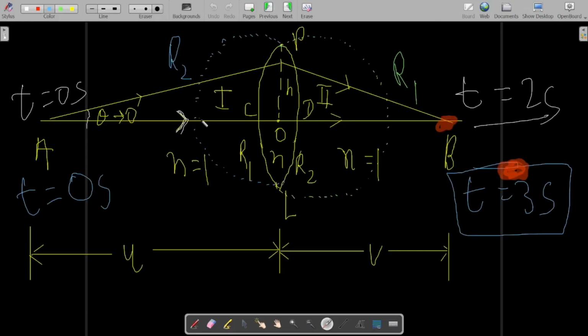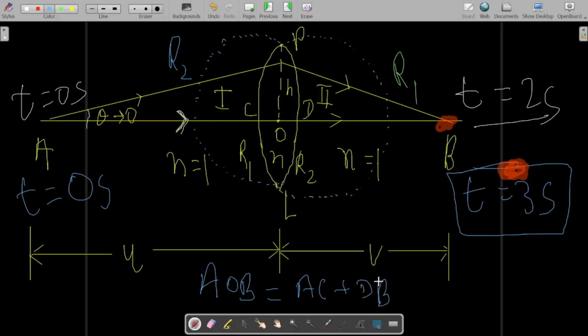AOB is the straightforward path. In this particular straightforward path, from A to C distance, what will it look like? It will be equal to your AC plus DB.